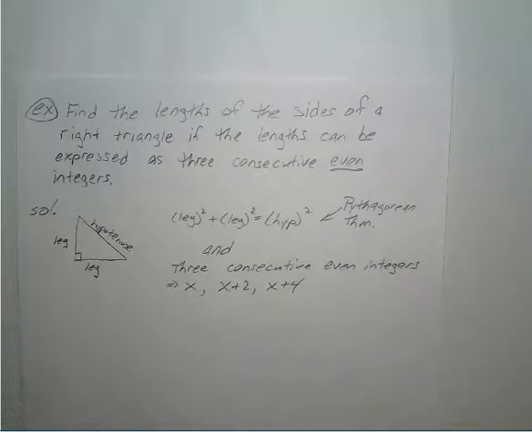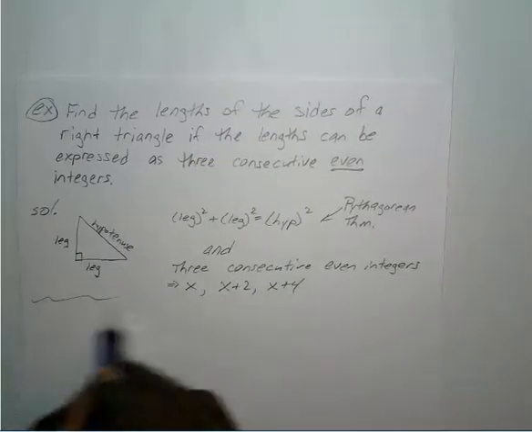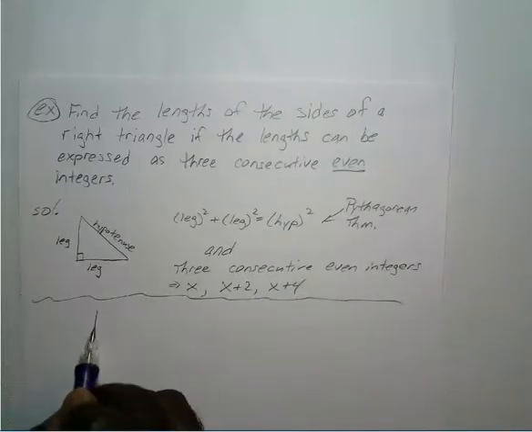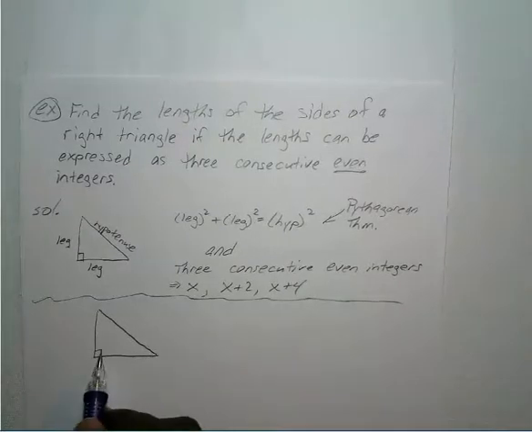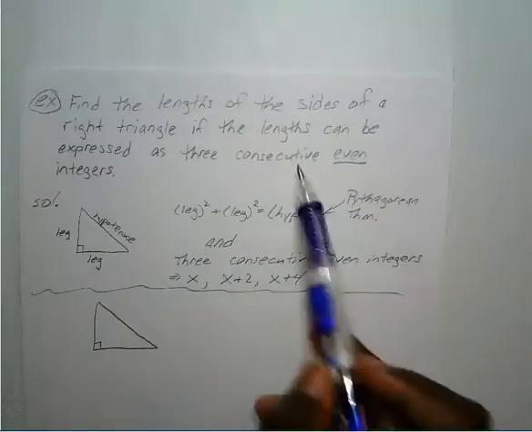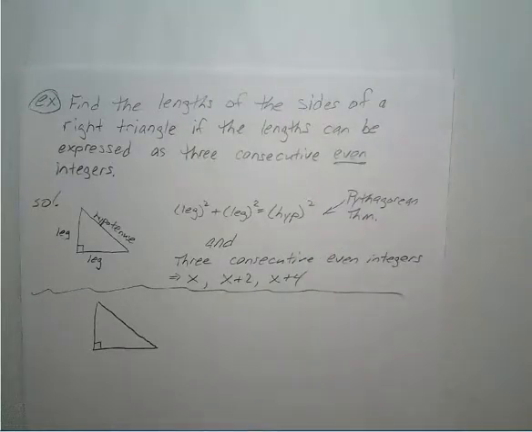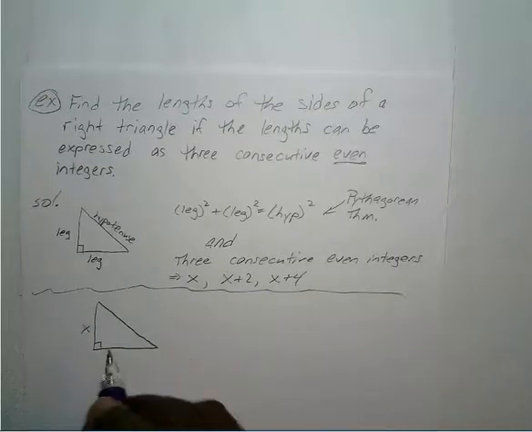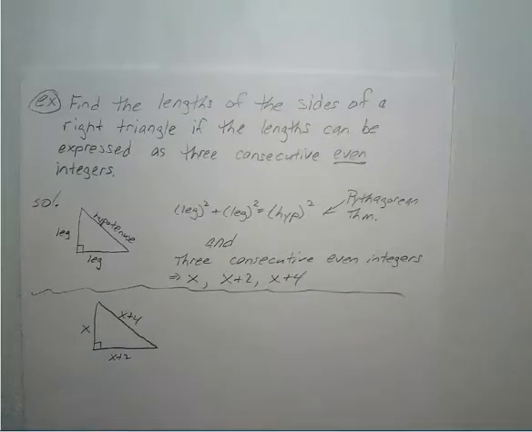Alright. So looking at our problem, what we're going to do is go ahead and separate that, because now we're going to actually start on the problem. We have a right triangle. Okay, so the lengths can be expressed as 3 consecutive even integers. Okay, so you have x, x plus 2, and x plus 4.